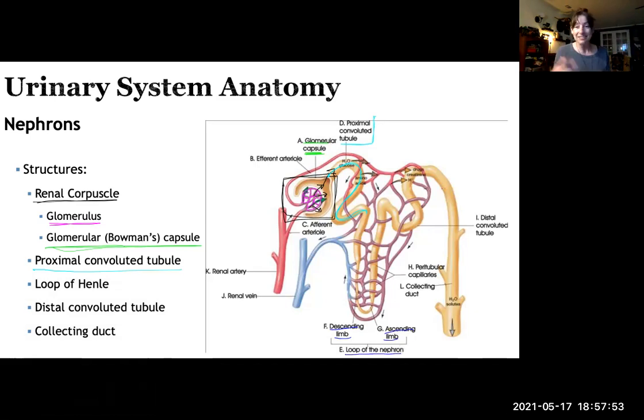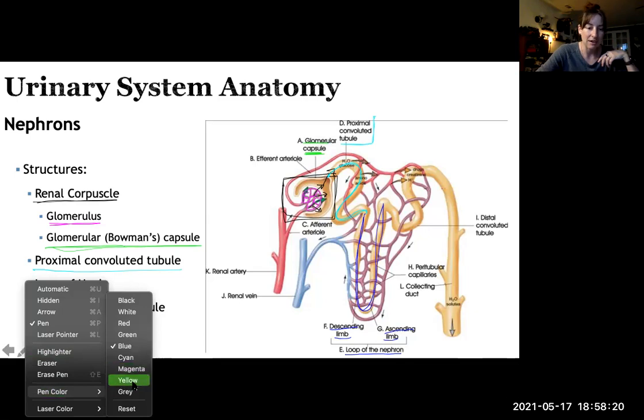The loop is the loop of the nephron. It is from here to here. And it can be called the loop of Henle, the loop of the nephron, the descending limb of the loop of the nephron, the descending limb of the loop of Henle, the descending loop of Henle, the ascending loop of Henle. You get those terms together and you'll be fine.